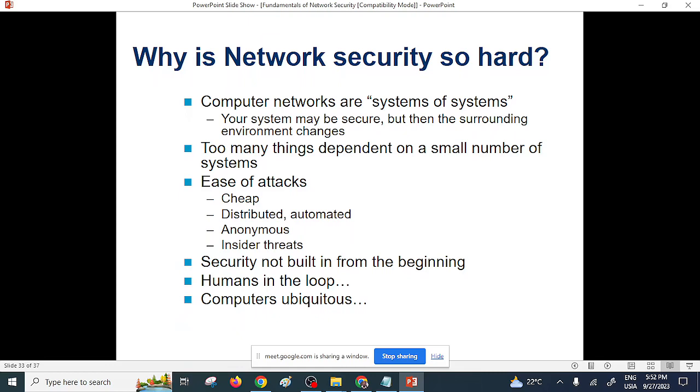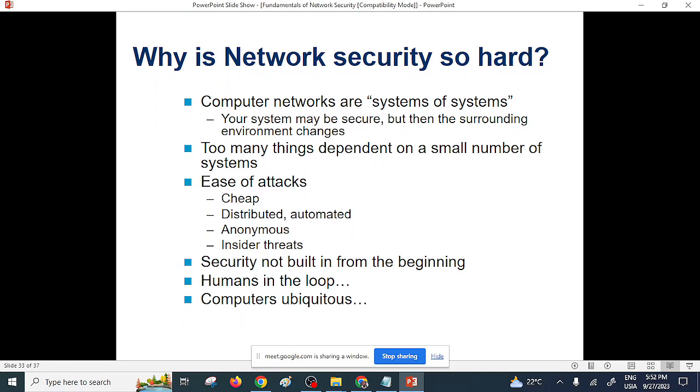Too many things depend on a small number of systems, especially when you talk about Internet of Things, right? We have very many interconnected things using, for example, a particular network, right? So there is a high chance that a hacker can use one of the devices to bring down the entire network.